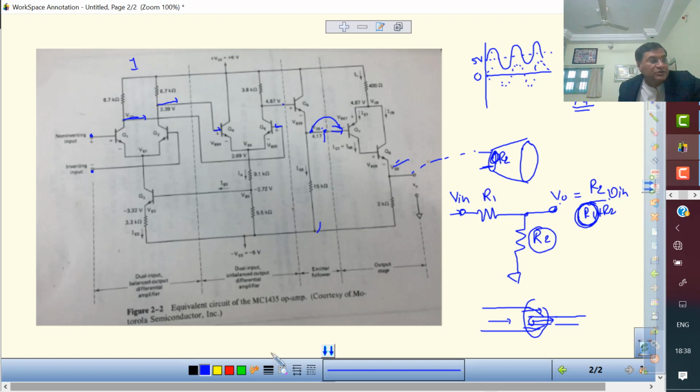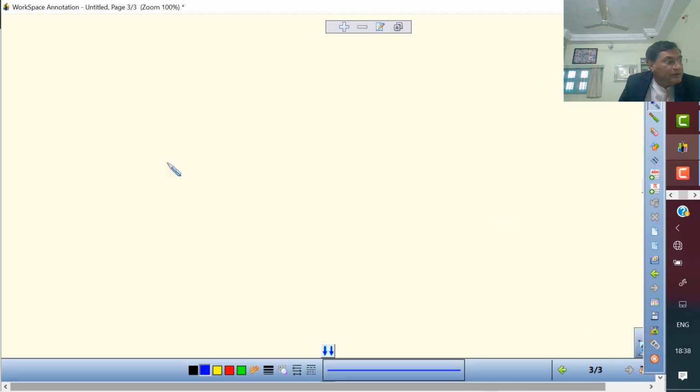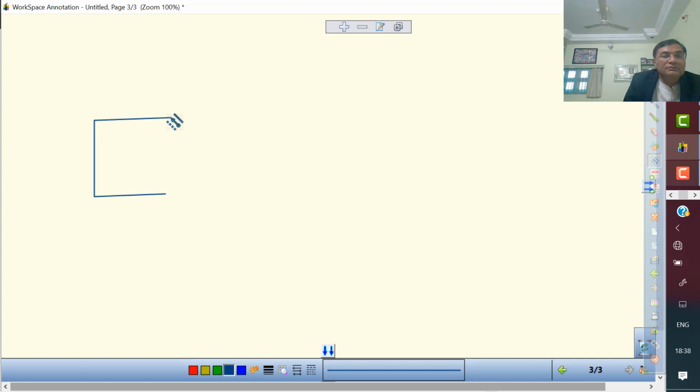Okay, so this is the thing. So this is the four blocks. Again I repeat, and so many times this question can be asked also. So I explain the block diagram of op-amp. So if I draw it, then suppose this is my first block. Sorry.